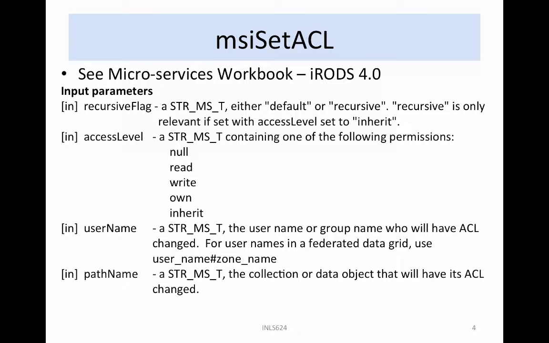Access level, a string containing one of the following permissions: null, read, write, own, inherit. Username, a string, the username or group name who will have access controls changed. For usernames in a federated data grid, use username#zonename. Path name, a string, the collection or data object that will have its access control changed. All of the input parameters are strings.